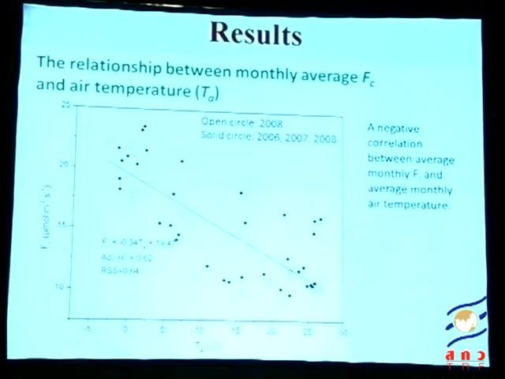Sometimes it is difficult to measure every year by EC, so we can try to find some easily measured meteorological parameters, and then we can estimate the carbon emission flux from the city area.